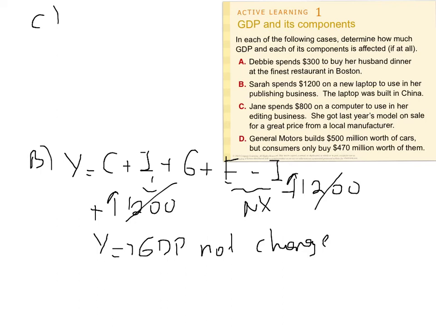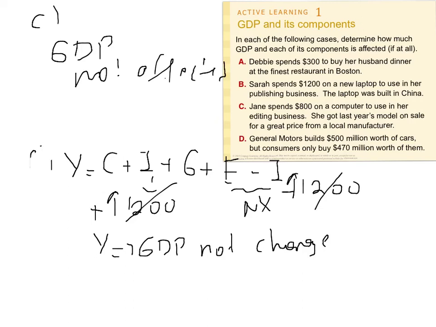So it's not including any used goods, for example used cars or used computers. So this 800 is not going to affect the GDP. GDP not affected. We don't even need to look at the identity.